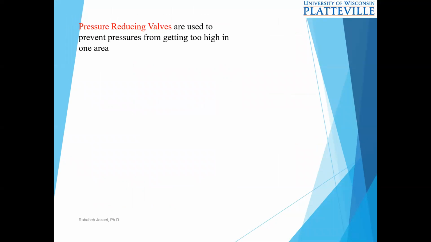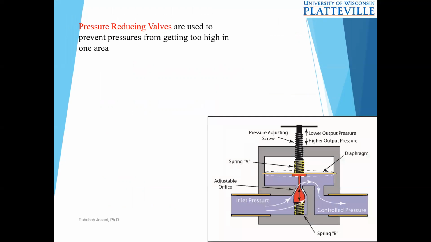Let's see what a pressure reducing valve, or PRV, is, that we use to prevent pressure at some point from getting too high. So we want to experience the same pressure. This is one of these PRVs that we design to change and control the pressure in the piping system.